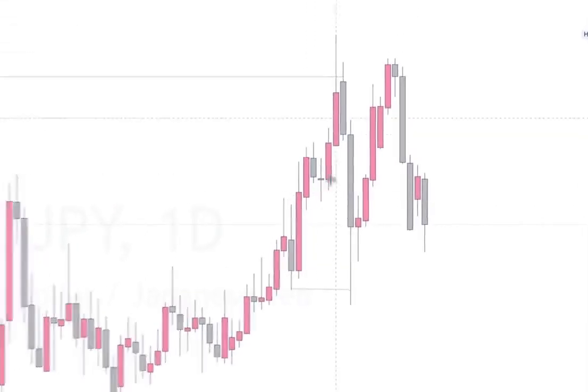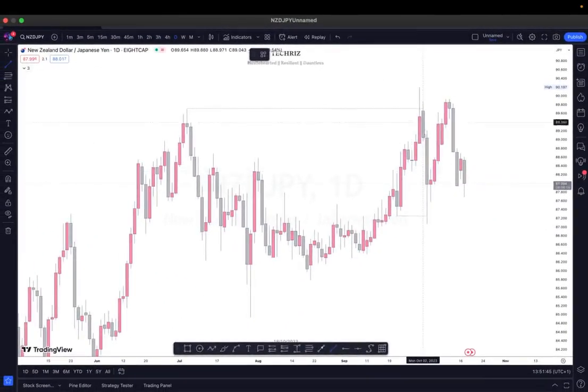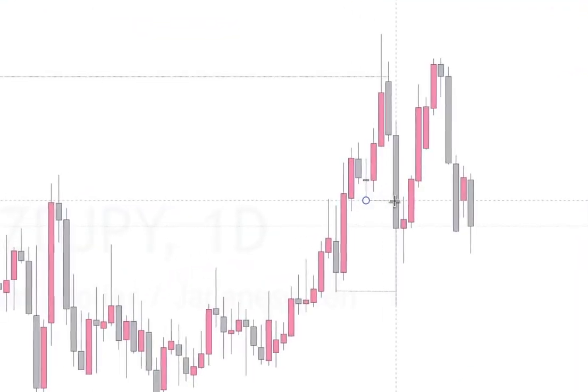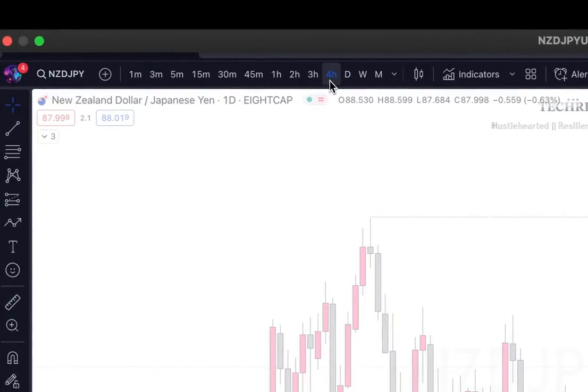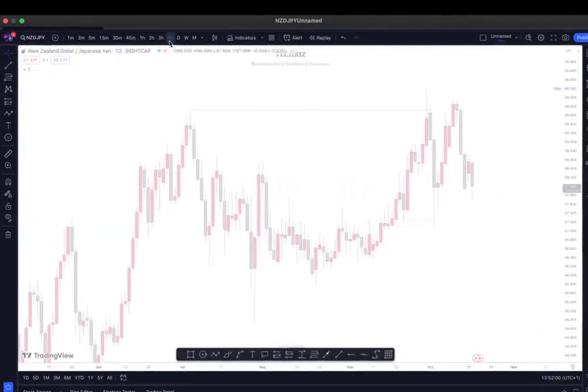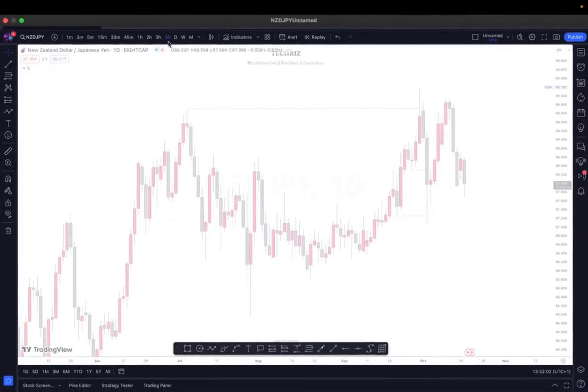There was a shift in structure. Why? Because the body of this candle closed below this low, which gives us our confirmation for a short. So let's move to the 4-hour time frame, and then we could see something very interesting.